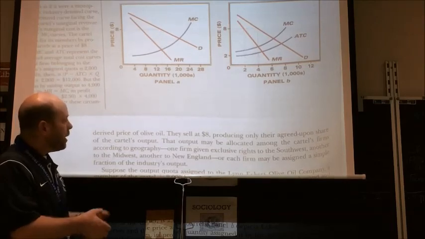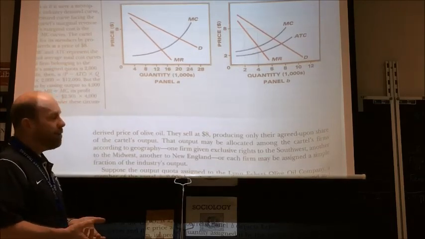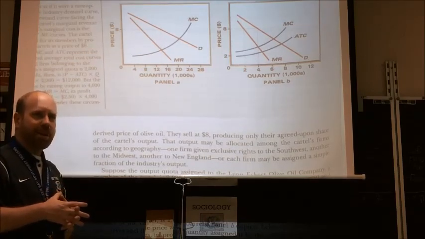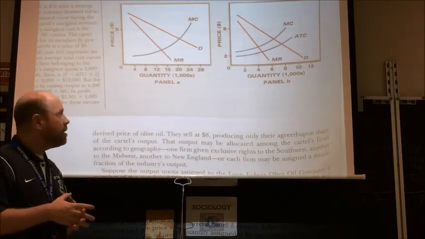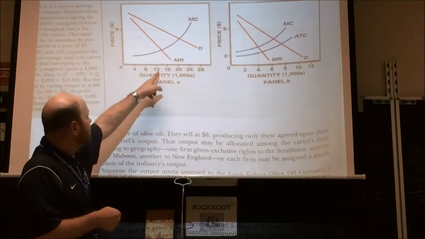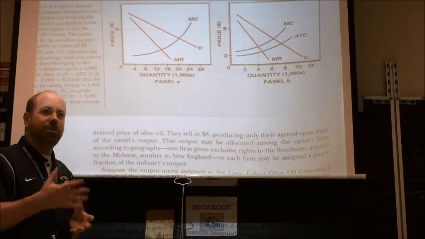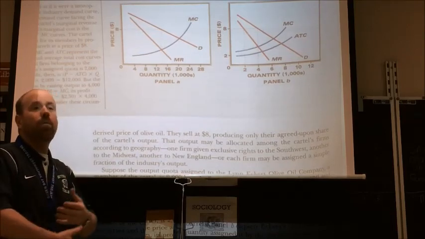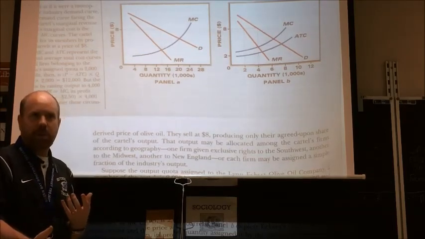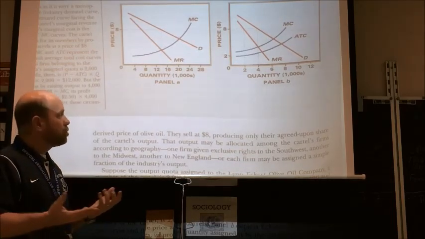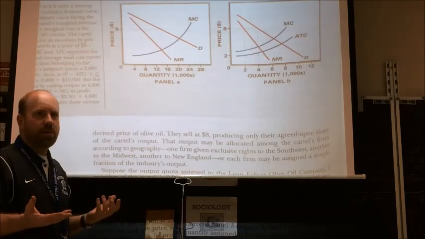Now, in a cartel, you have to make sure that all of the countries stay in line and don't mess this up. If this is the 14,000 barrels that we need produced, they have to make sure that they don't go over that 14,000 barrels. What happens if they would produce 28,000 barrels?